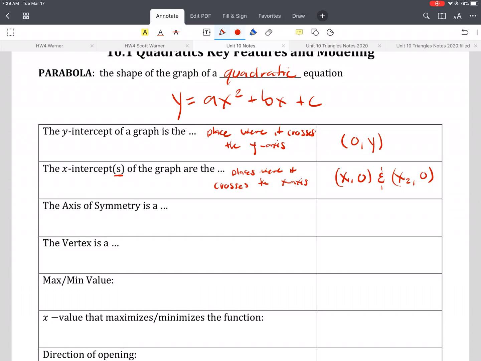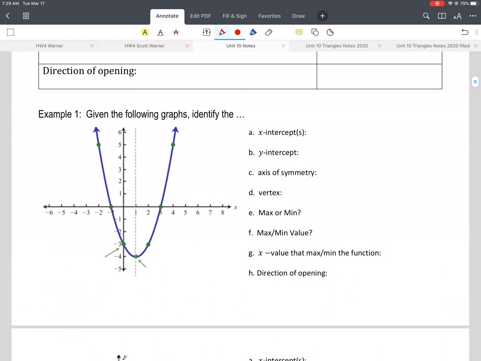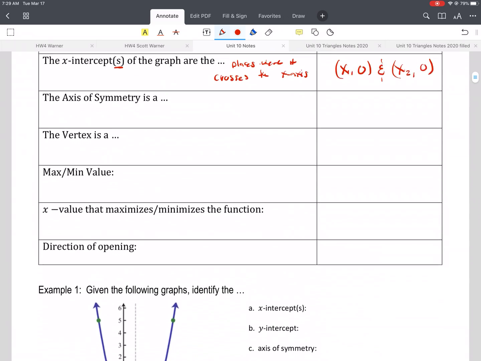So these are just the two points where the parabola crosses. For example, both of these would be x-intercepts. And here would be our y-intercept.